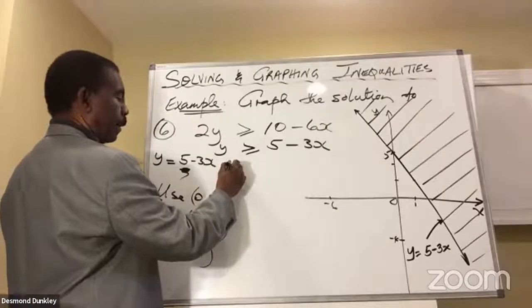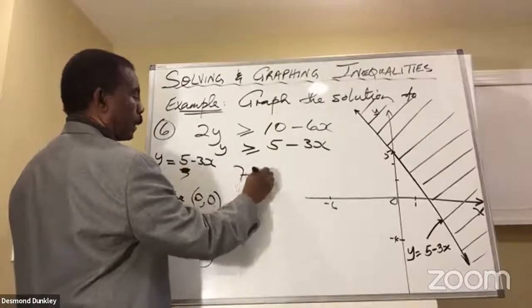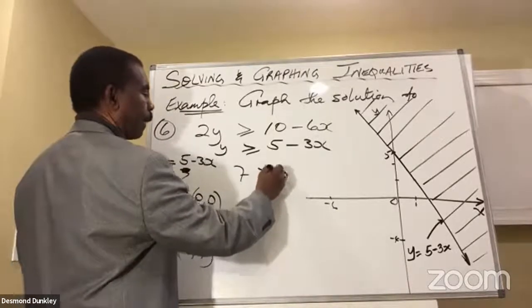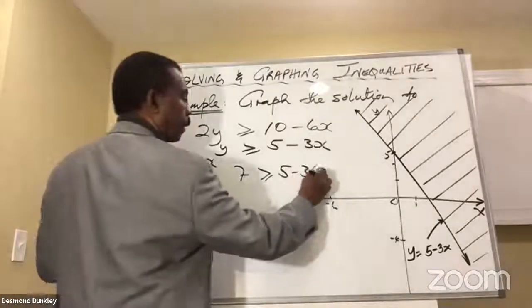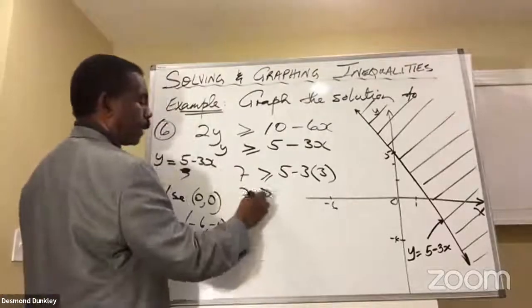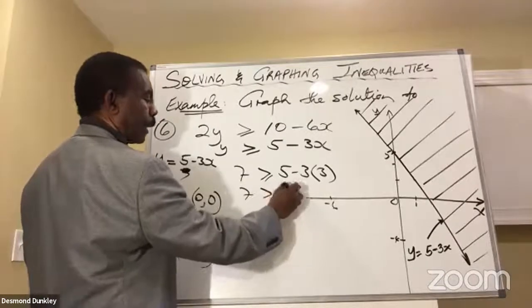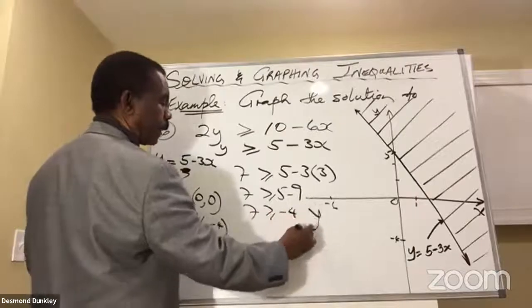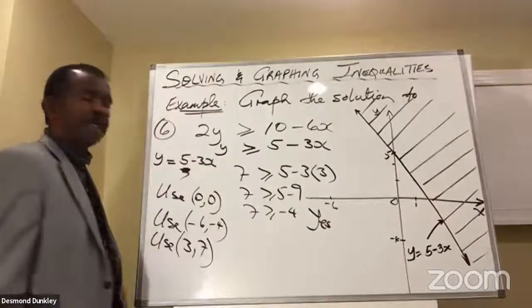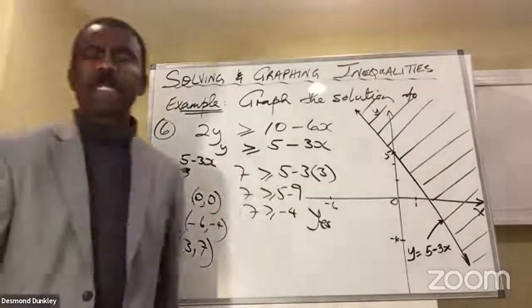So is 7 greater than or equal to 5 minus 3 times 3? Is 7 greater than or equal to 5 minus 9? Is 7 greater than or equal to negative 4? The answer is yes. So we see it's consistent.